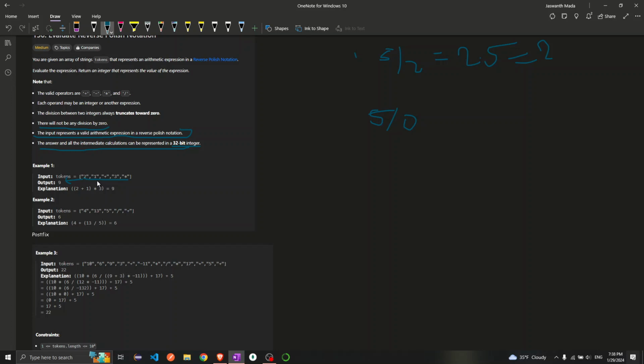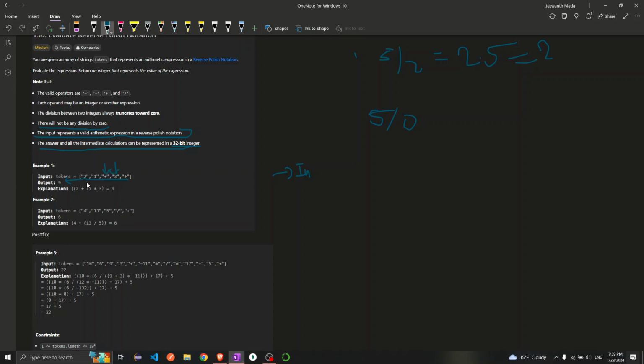When we have integers, we are not going to do anything. When we encounter an operator, then we'll go back and take the two most recent values, calculate this operation, and again move forward.